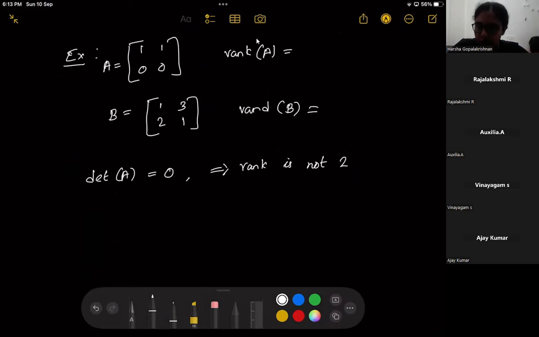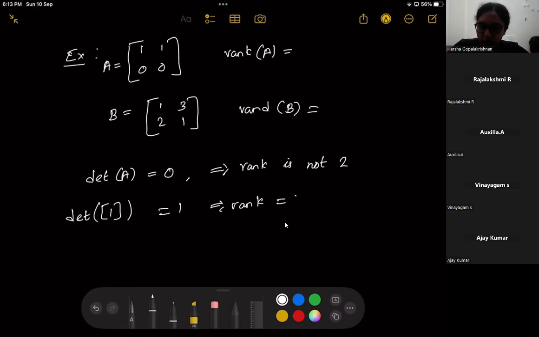So the next case is the rank is 1. Here we can see there exists a submatrix, the entry 1 of A, that I am taking. And the determinant of this submatrix is 1 itself. Okay. This implies the rank equals 1.